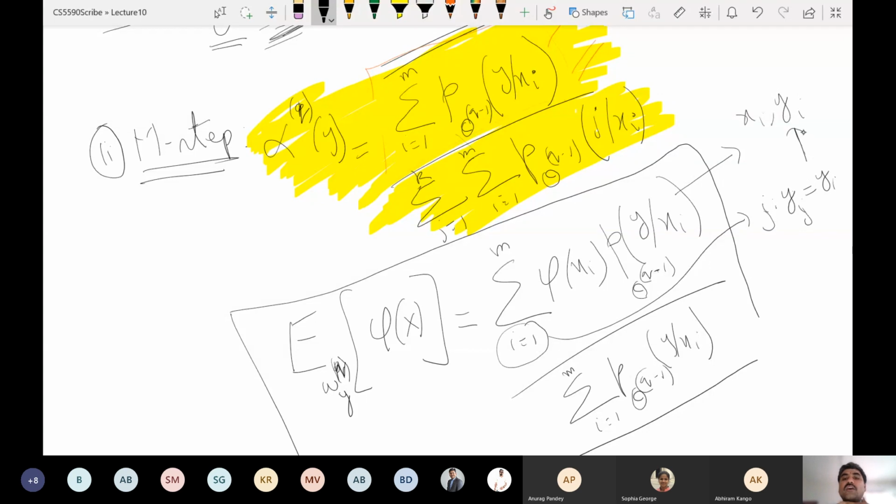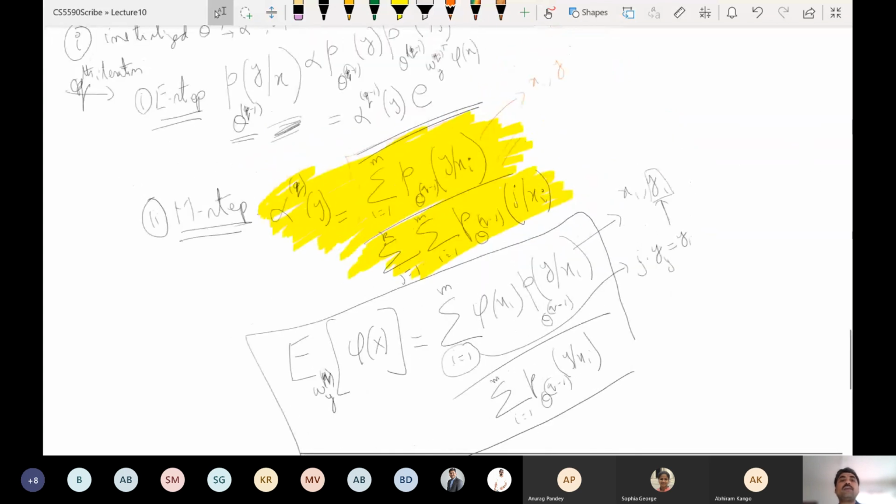So again it is like soft clustering. While classification gives hard labels, this is looking at soft labels with the current estimate of the parameter, and then using the weighted average as the formula. So you do these two updates and keep on repeating the E step and the M step iteratively.